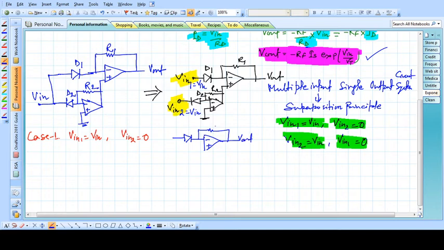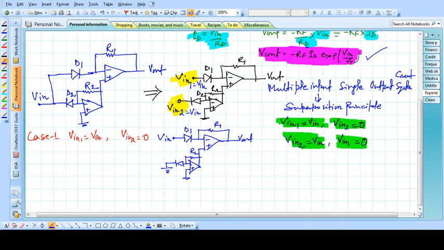Okay, so V output, R1, this one D1, and this should be V in. Okay, minus plus, this should be grounded, and this should be the other diode, R2, and this should be grounded.